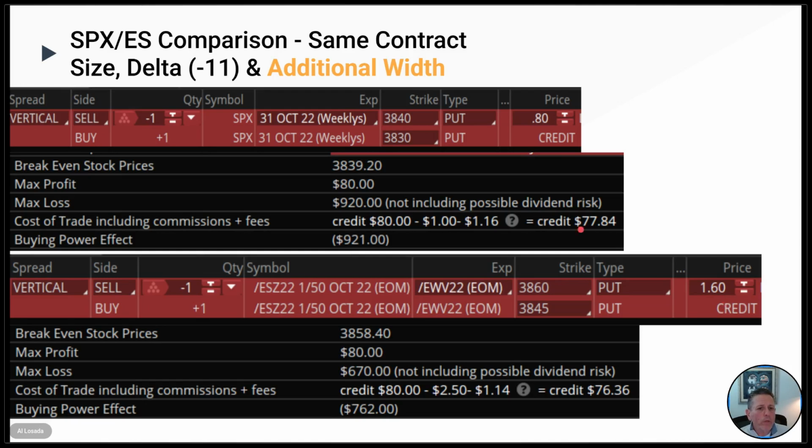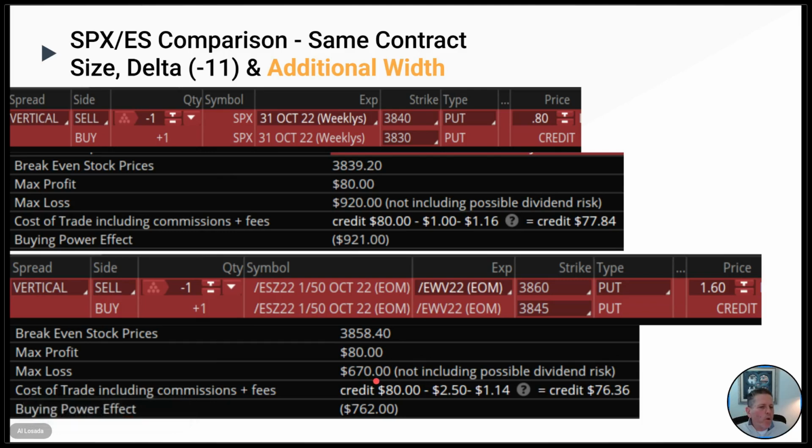So now you have the same exact thing, apples to apples. We have $80 max profit using $920, and here you have 80 credit, but your max loss is 670.